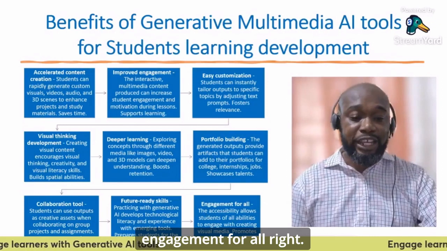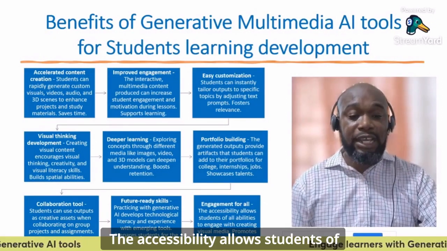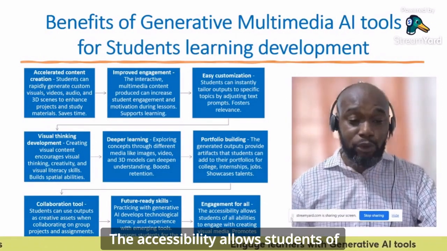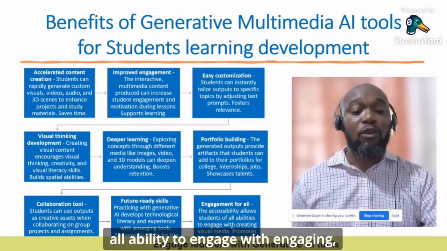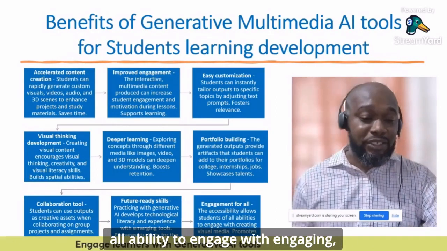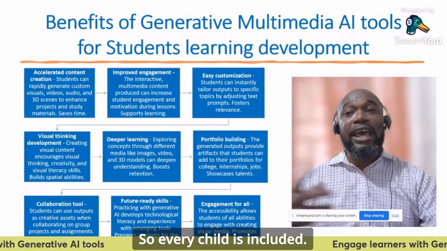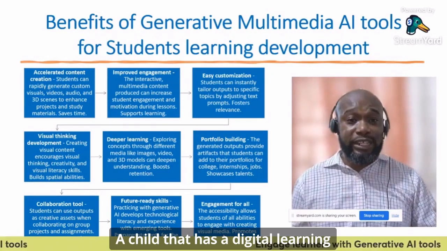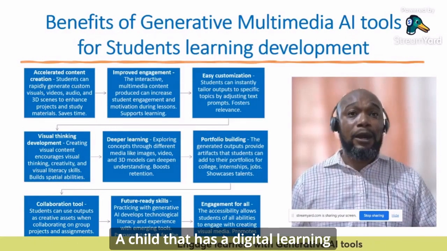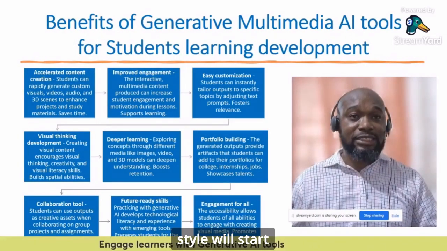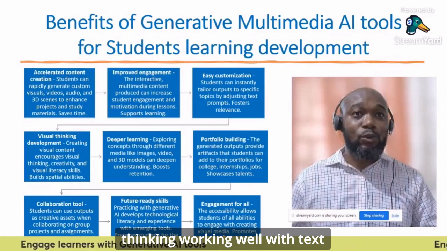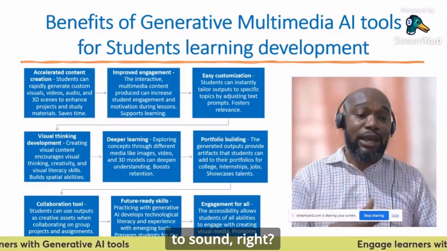And engagement for all, right? The accessibility allows students of all abilities to engage with creating visual media, promotes inclusion. So every child is included. A child that has an auditory learning style will start working well with text to sound, right?